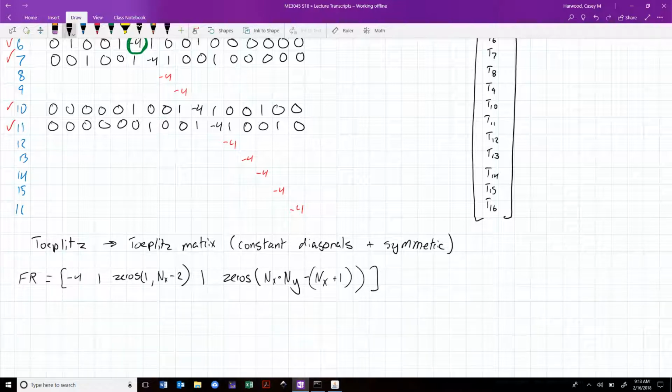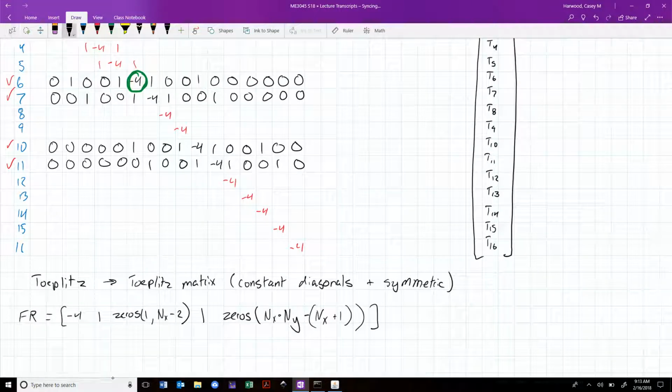This is going to spit out a vector that looks like this right here. Let me make sure I gave you that. Yep. Okay.